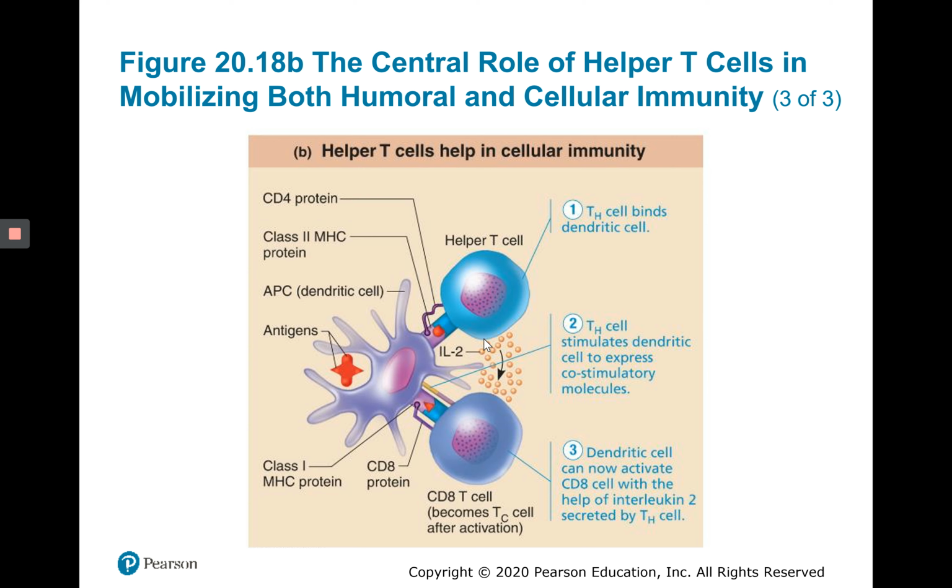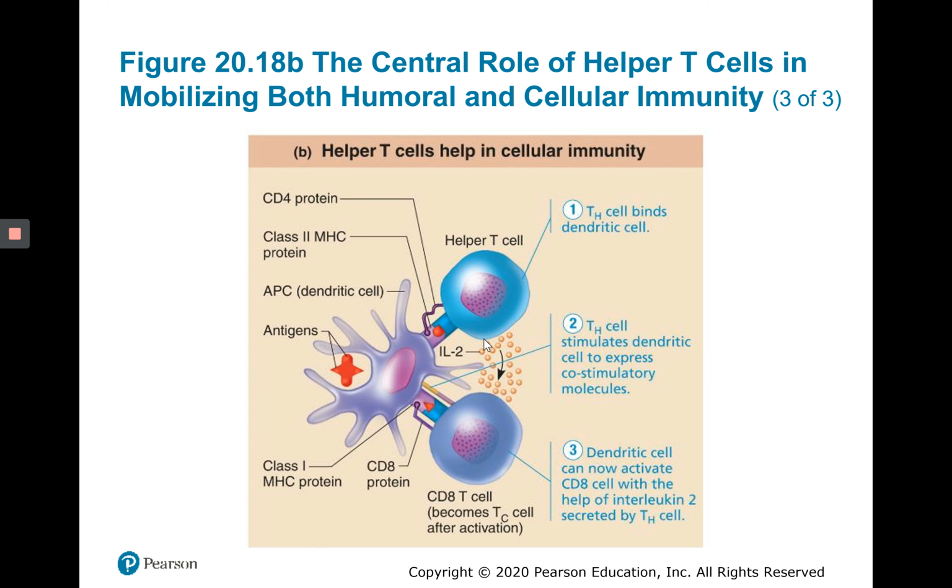So first and foremost, the T helper cell has to bind to the dendritic cell. It's binding to class 2 MHC protein displaying a foreign antigen. And we're going to see that the CD4 protein is bound to that MHC2 protein. That causes the release of interleukin 2 from the T helper cell.